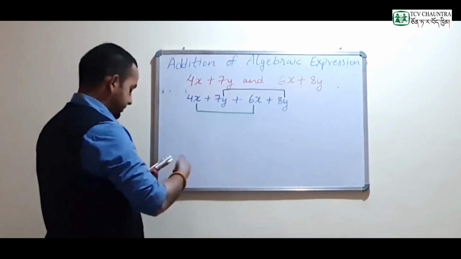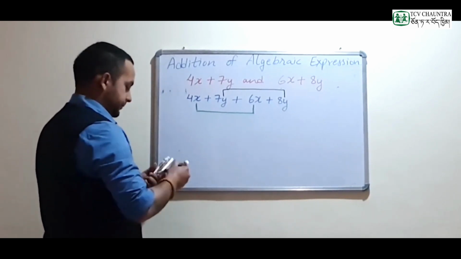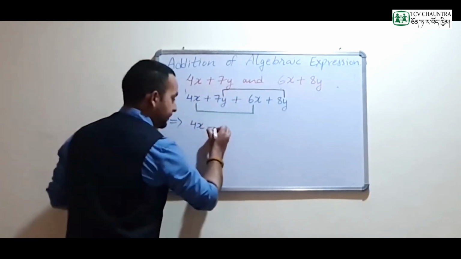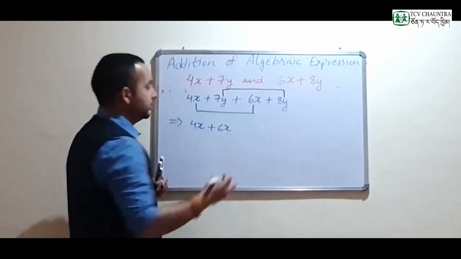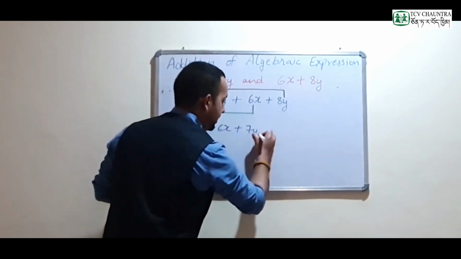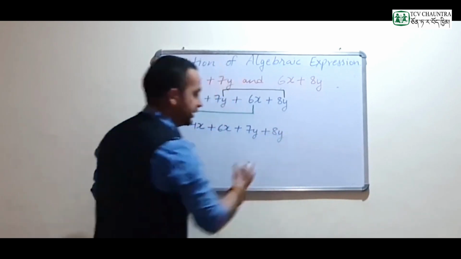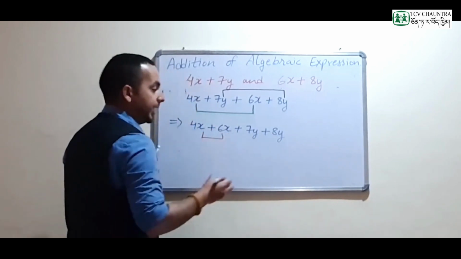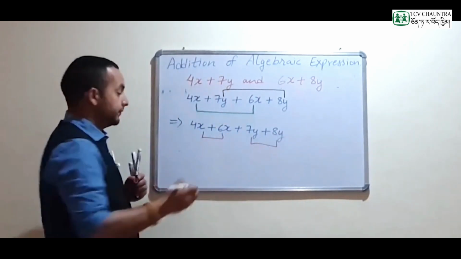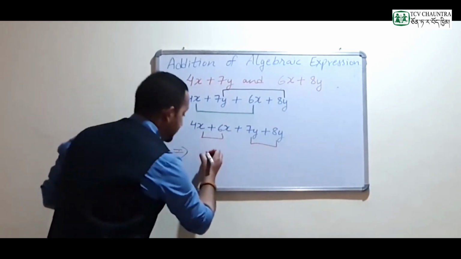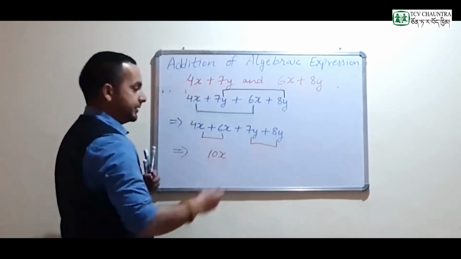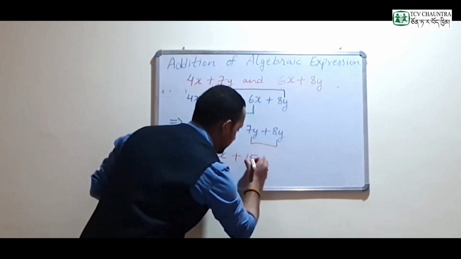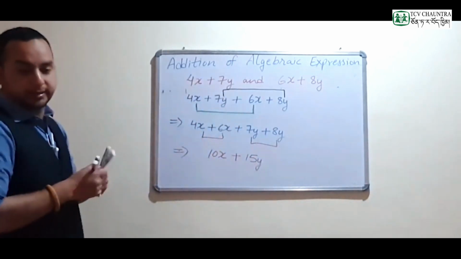So we will write 4x plus 6x, and 7y plus 8y. Now it's very easy. 4x plus 6x is 10x, and 7y plus 8y is 15y. So this is your answer.